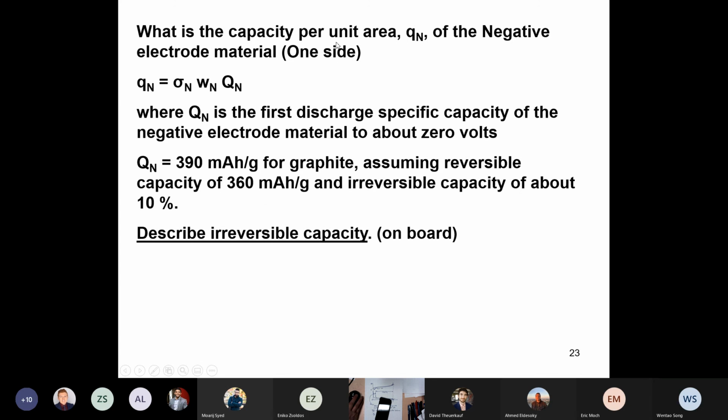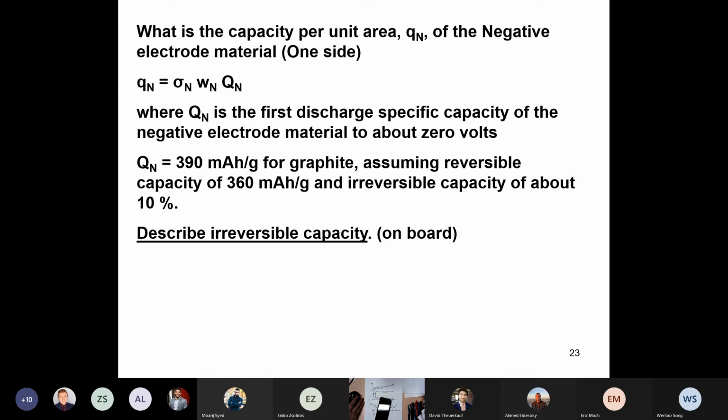And what's the capacity per unit area of the negative electrode material? It's the same formula, the weight per unit area of the negative times the weight fraction of the active material times the specific discharge capacity of the negative electrode material to near 0 volts. Okay, so what do we use for the first discharge capacity of the negative electrode material?